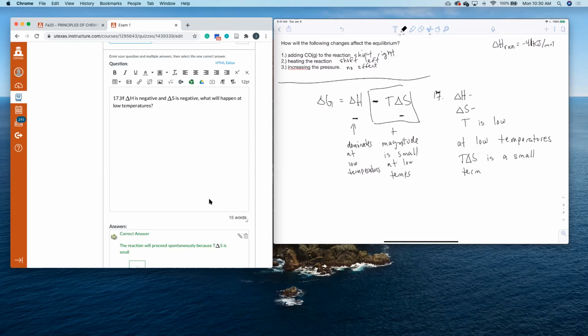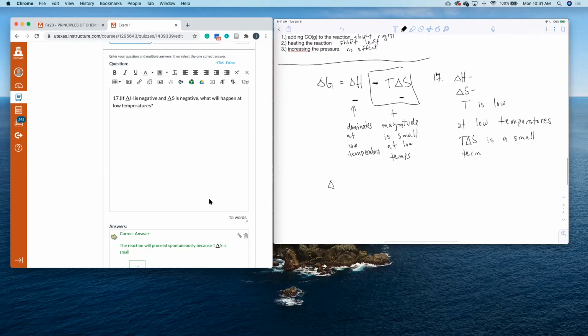But T delta S is going to be small because you're at a low temperature. If you think about the extreme case of being near zero, so you get things to absolute zero, like in outer space, that T delta S term falls away. One way to read this equation is that the enthalpy term isn't particularly temperature dependent.